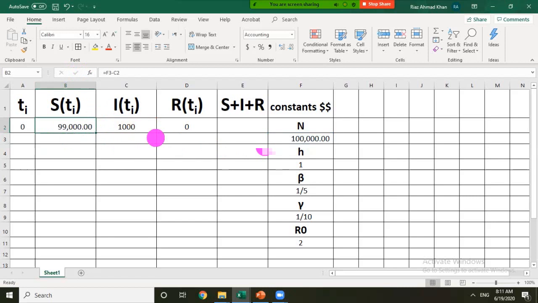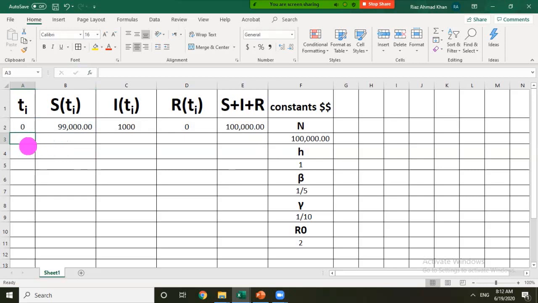Please note that the sum of I, R, and S must be equal to the total population, because the total population is fixed. And B2 plus C2 plus D2 initially must also be equal to 100,000.